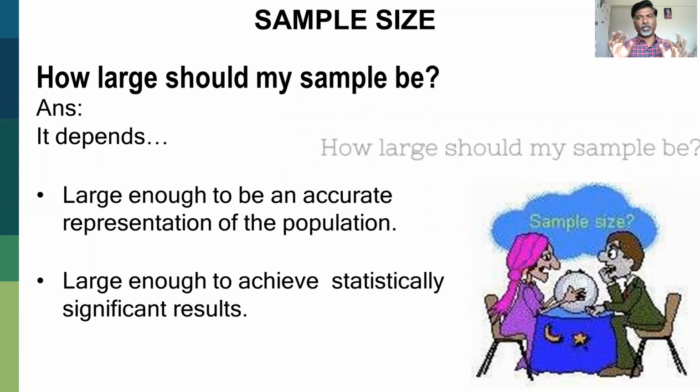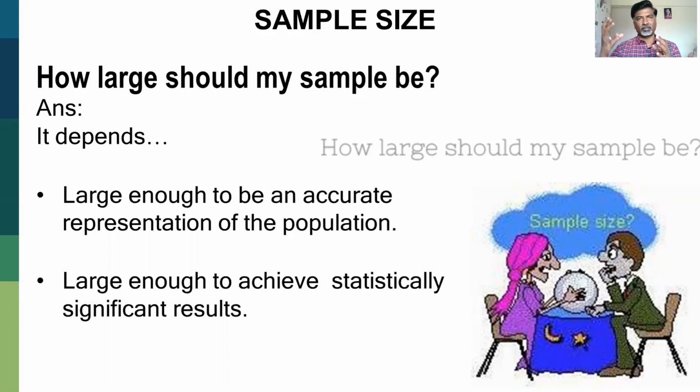The simple answer is that the size of the sample is not fixed at 10, 20, 50 or 100. The size of your sample should be large enough to be an accurate representation of the population. It should not be very small, because if you consider only a few members, though you have an adequate population size, and on the basis of that you generate some result, that result may not be applicable to the whole population.